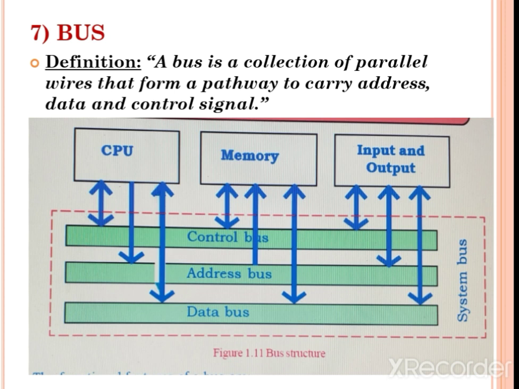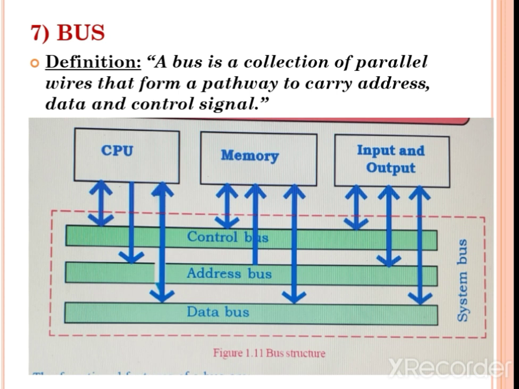Next, an important concept, bus. What is bus? See the definition. A bus is a collection of parallel wires that form a pathway to carry address, data and control signals.